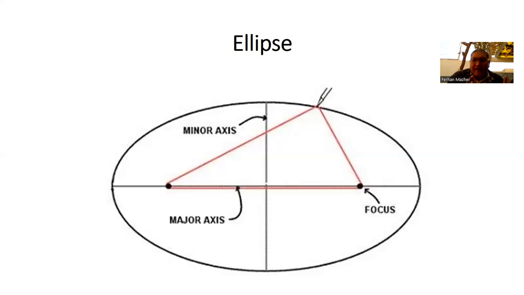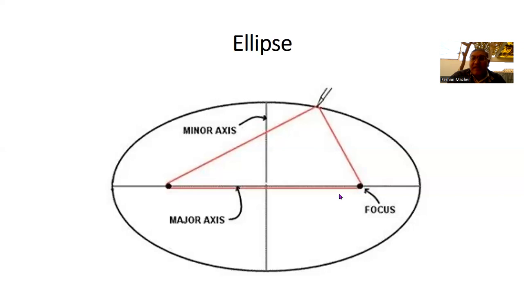If you want to draw an ellipse on a paper, the method is very simple. Take two pins and put them on a paper. Fix the paper on a board and put these two pins on the paper at whatever distance you like.